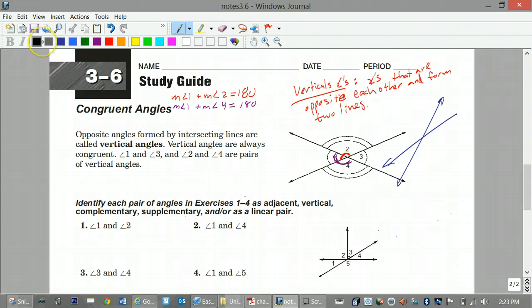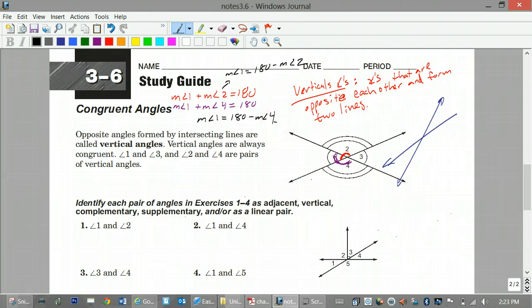On the first one, if we subtract measure of angle 2 from both sides, this one turns into measure of angle 1 equals 180 minus measure of angle 2. Does that make sense? Logically? Algebraically? Can you guys see that? On the bottom one, if we subtract measure of angle 4 from both sides, we get measure of angle 1 is equal to 180 minus measure of angle 4. Does that make sense?